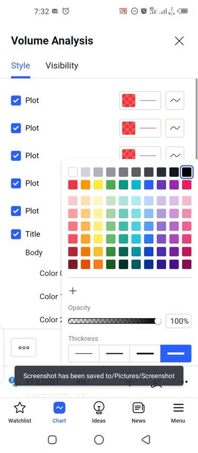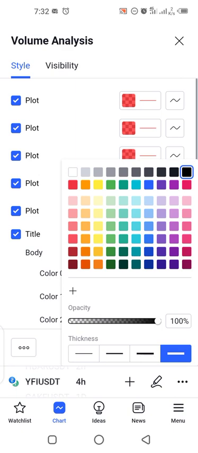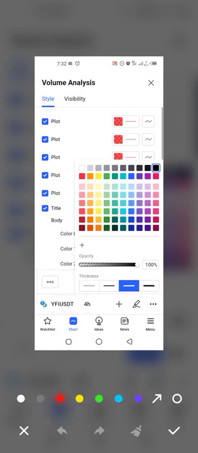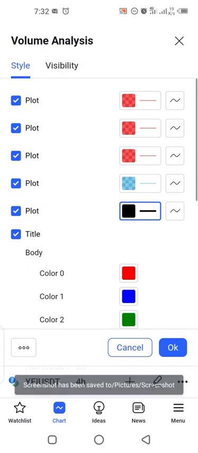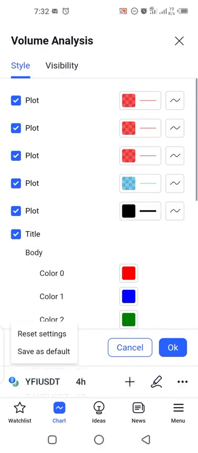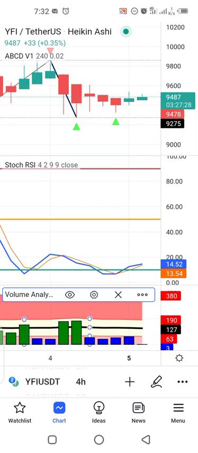So you tap on it, choose black. The opacity should be 100. The thickness can vary. I can even keep it there. Then you tap on the three dots, save as default, and press OK.